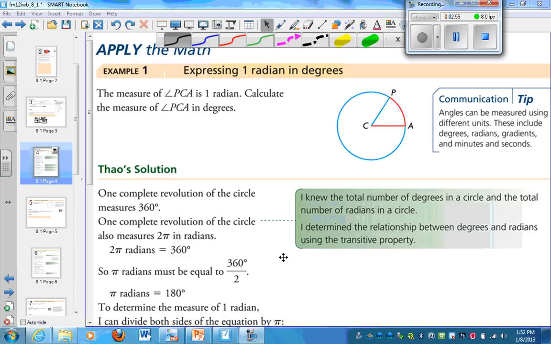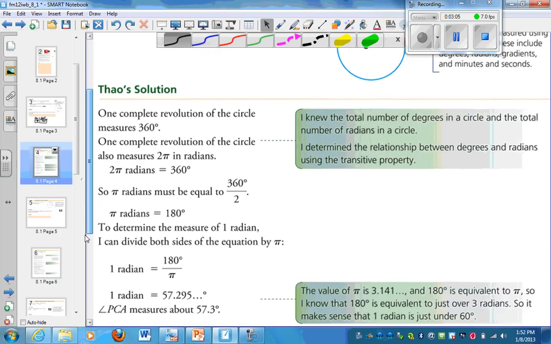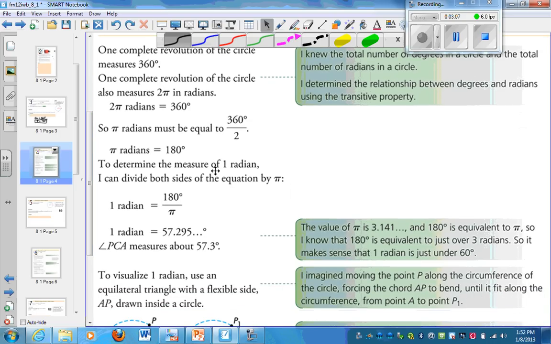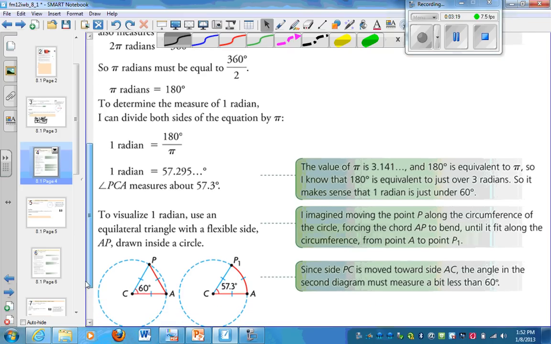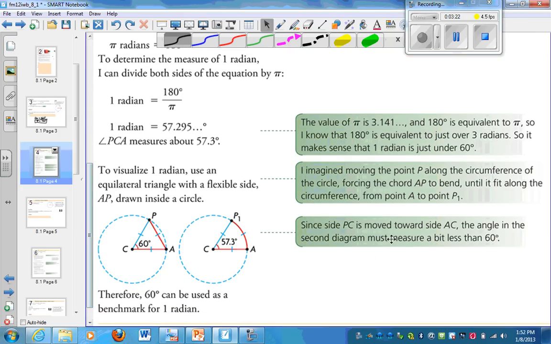Remember, that was because the circumference of a circle is 2 pi. Okay, so then pi has to equal 360 over 2. In other words, pi is 180. So to determine the measure of 1 radian, we divide both sides by pi. We get 180 over pi, which if we put in our calculator is about 57.3.